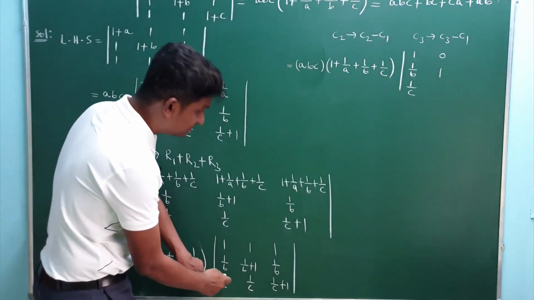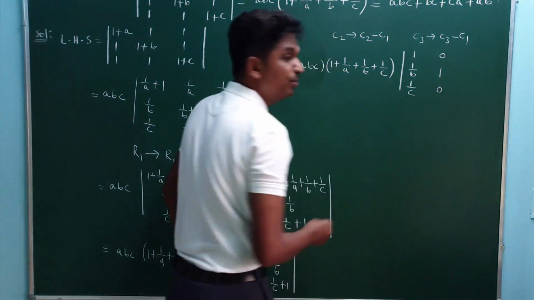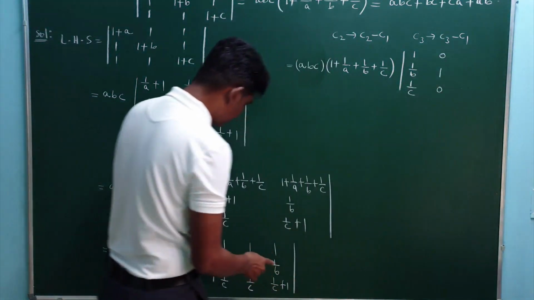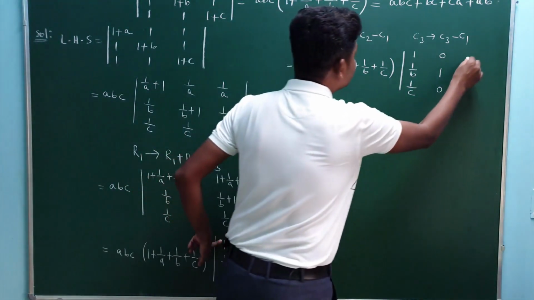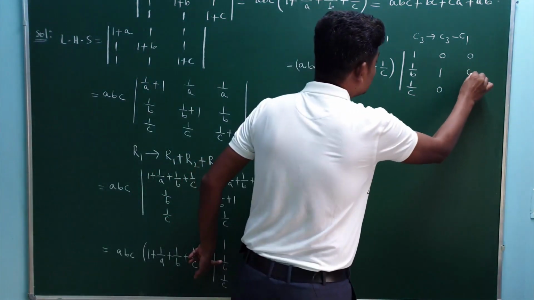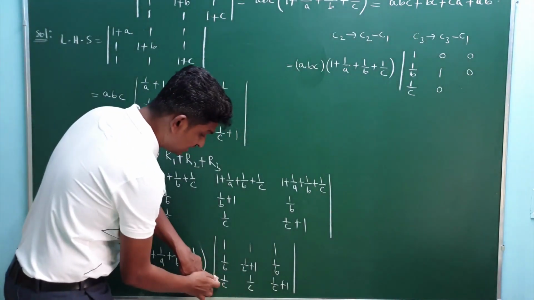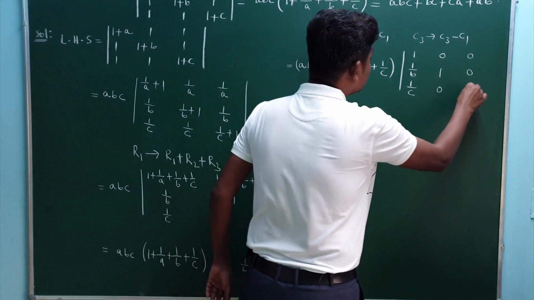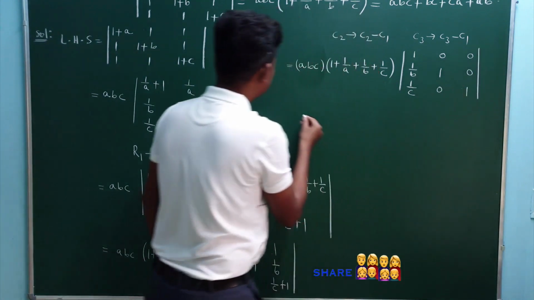Now 1 by C minus 1 by C is 0. Now C3 minus C1: 1 minus 1 is 0, 1 by B minus 1 by B is 0, and this element minus this element is 1. Now you see this is very easy from here onwards.